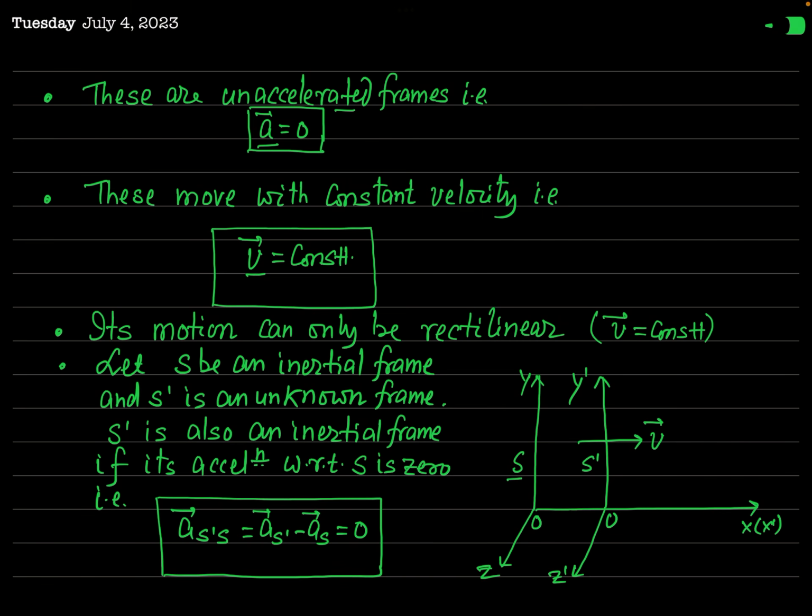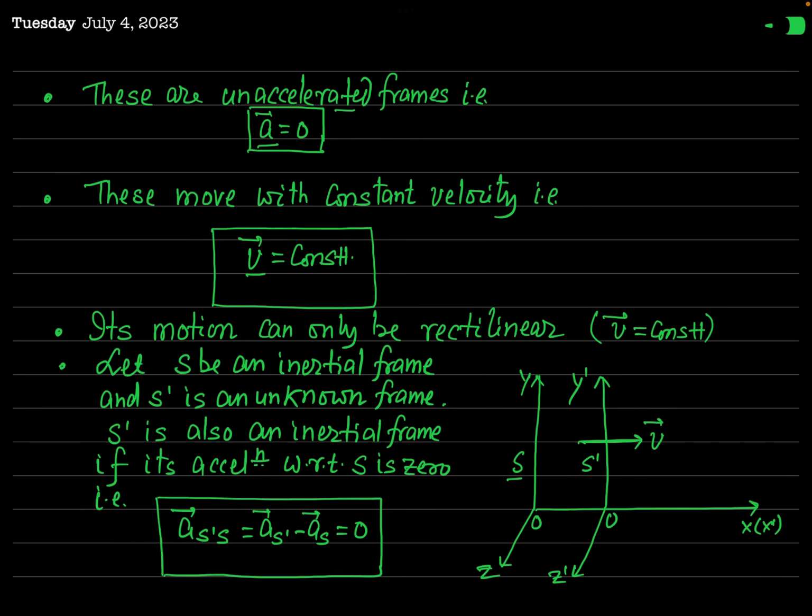We assume it. And this frame S dashed, which is in motion, is an unknown frame. It means we do not know whether this S dashed is an inertial frame or a non-inertial frame. We have to check. How can we check?